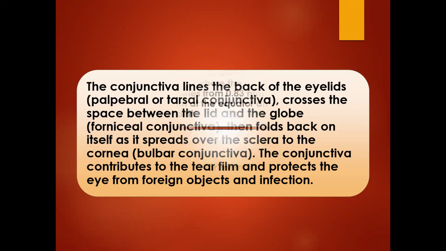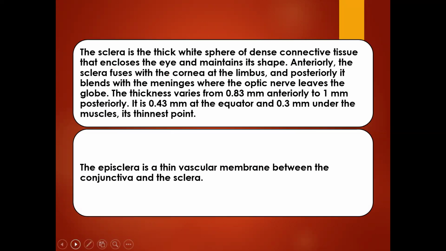You know that the tear that comes out from the tear gland has a lot of functions it does on the eye. One, it protects the eye from infection, it lubricates the eye, it prevents the eye from desiccation, drying up. So conjunctiva contributes to this function. The sclera is the thick white sphere of dense connective tissue that encloses the eye and maintains its shape.